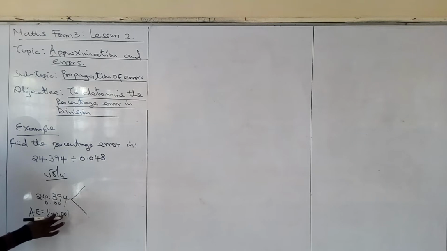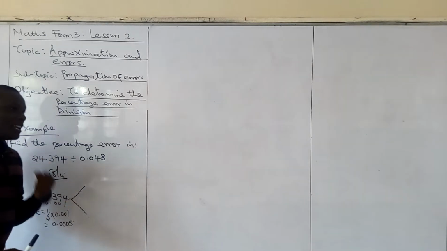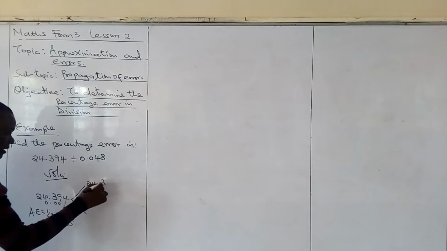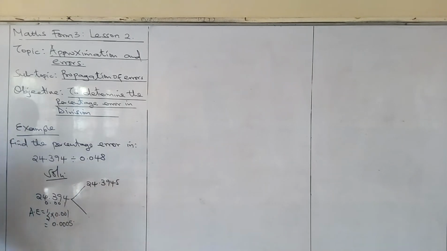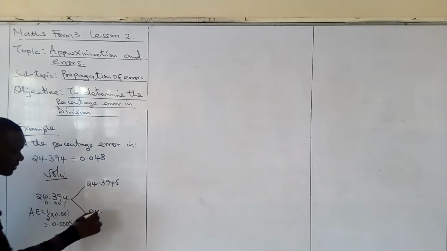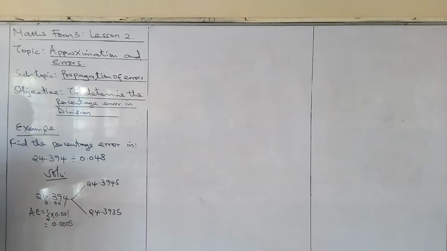Half of 0.001 becomes 0.0005. This is what we add to 24.394 to get the upper limit, which is 24.3945. When you subtract 0.0005 from 24.394, you obtain the lower limit as 24.3935.